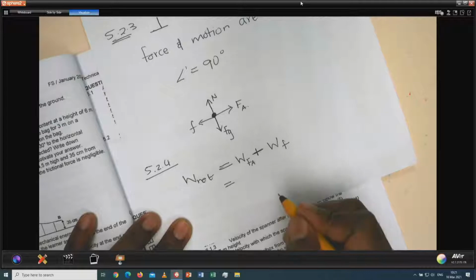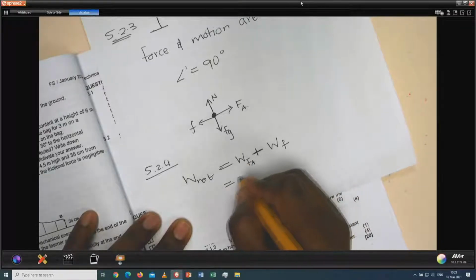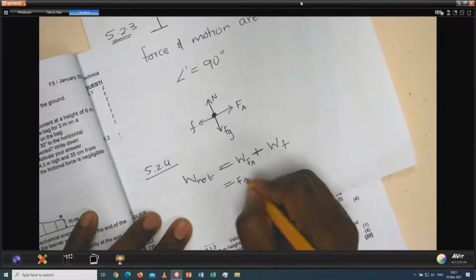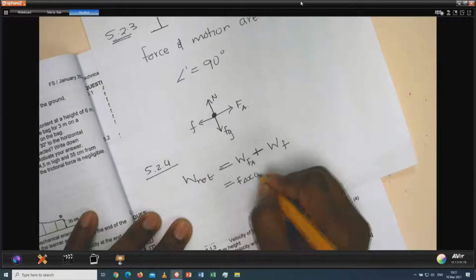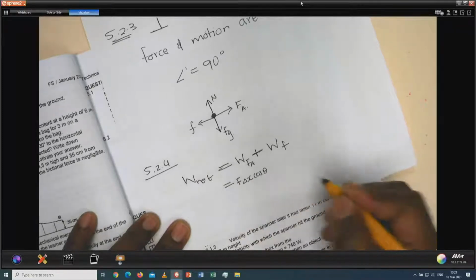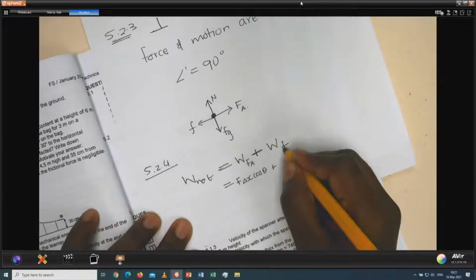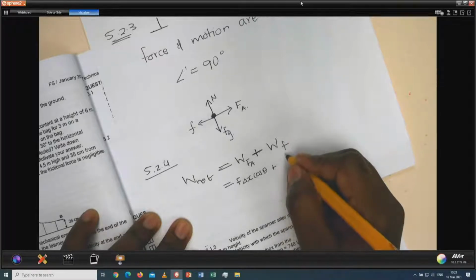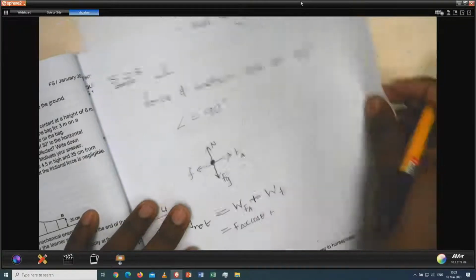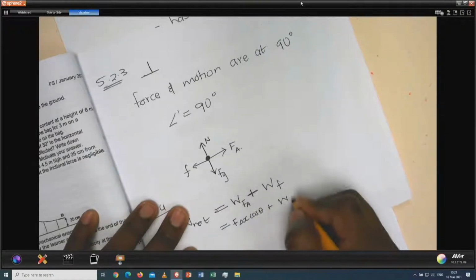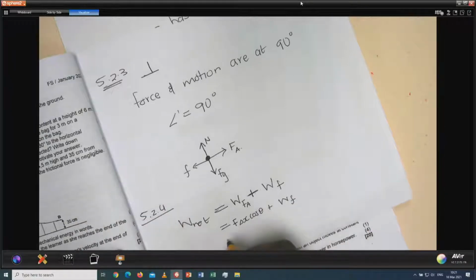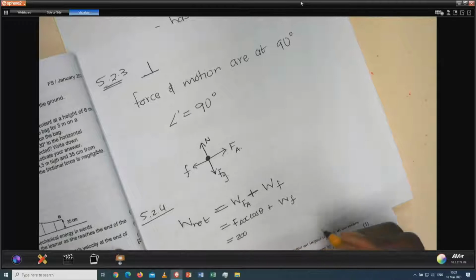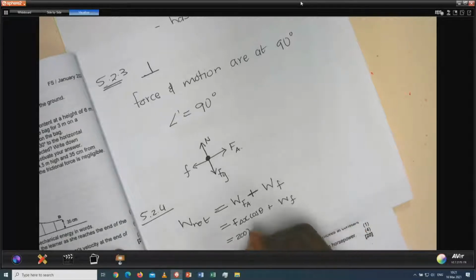Work done by the applied force is equal to the applied force itself, the change in position, and the cosine of the angle of the applied force, plus we already calculated work done by the frictional force, so I think we can just leave it as work done by friction.